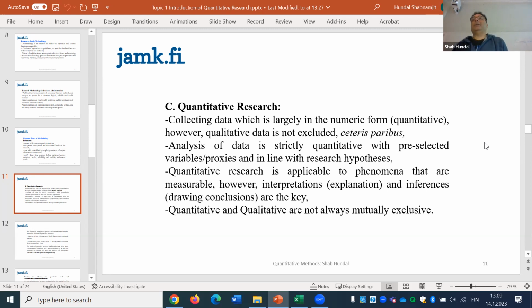When you pick one or some of them, they are called proxies, because they are not exactly measuring, but they're approximating. Now if you take the value of land in that region, that is an indicator of development, but that is an irrelevant measure of development, in my opinion.